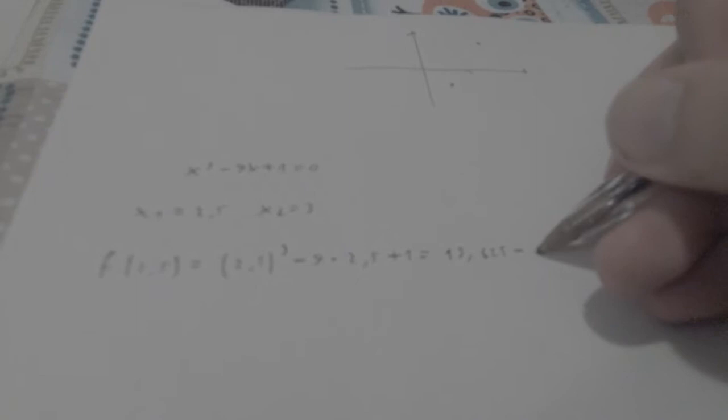It's going to be 2.5 cubed minus 9, the coefficient, times 2.5 plus 1, which is going to give us 15.625 minus 22.5 plus 1, which is going to give us negative 5.875. Okay, so this is our first value.